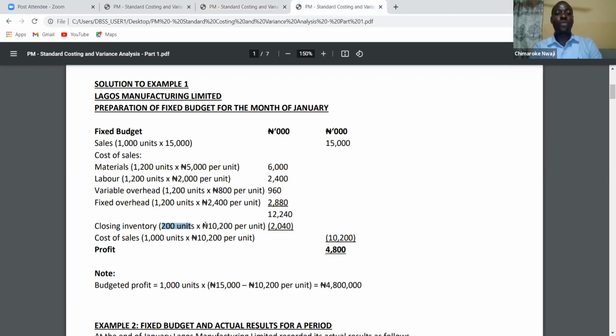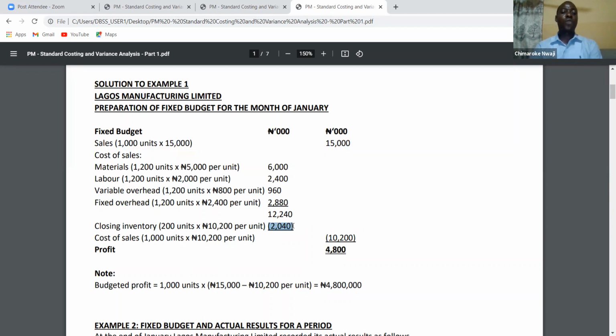That's what you use to multiply these 200 units to get 2,040,000. So when you remove your closing stock from your total absorption costs, that will give you the cost of sales, which is 10,200,000.